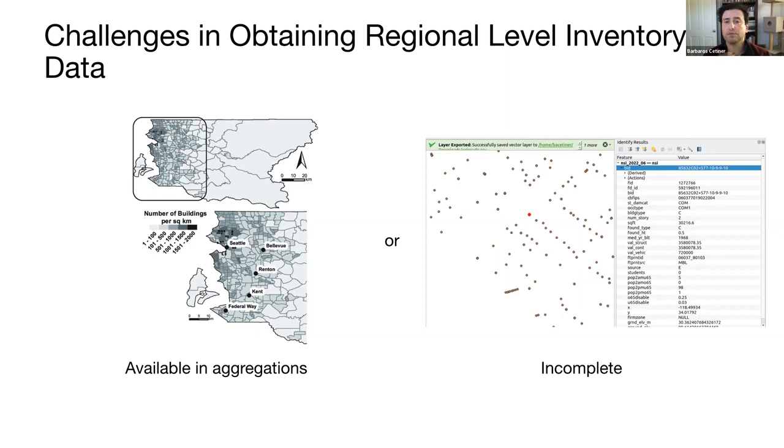HAZUS actually performs loss assessments at aggregations, basically groups of buildings, and these groups could consist of thousands of buildings in one group or more, sometimes less. But in essence, you're getting more of an average sense of losses as opposed to pinpointing where potential vulnerabilities could be.